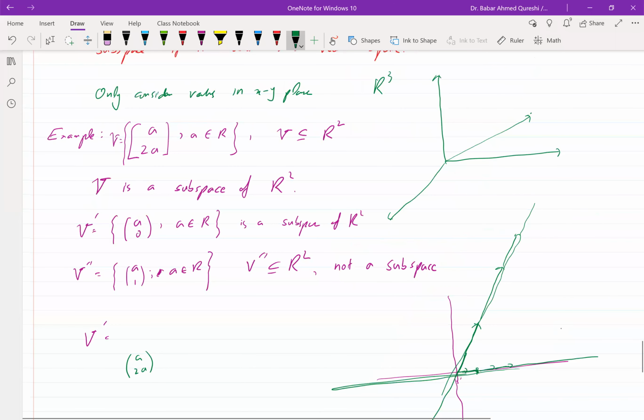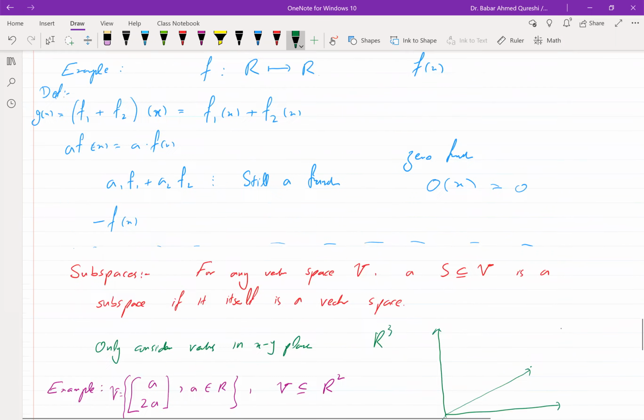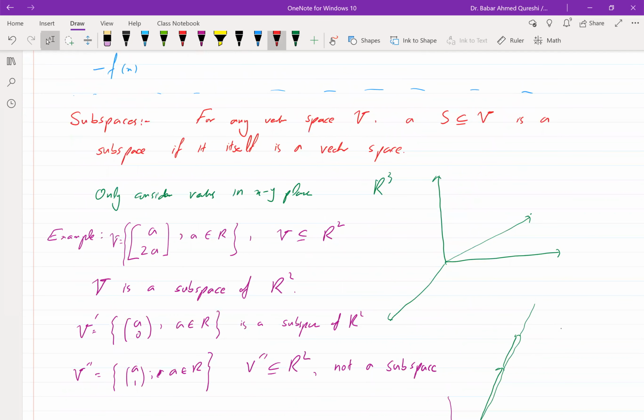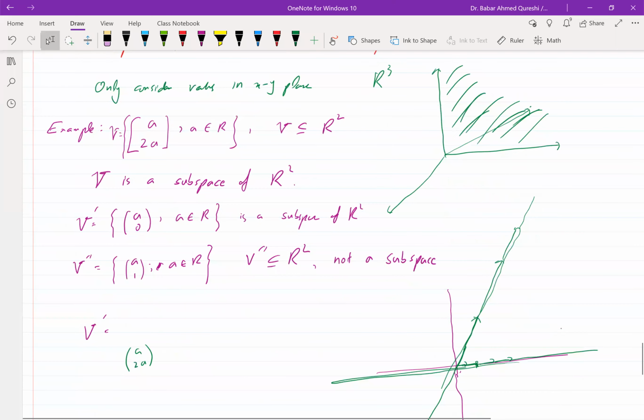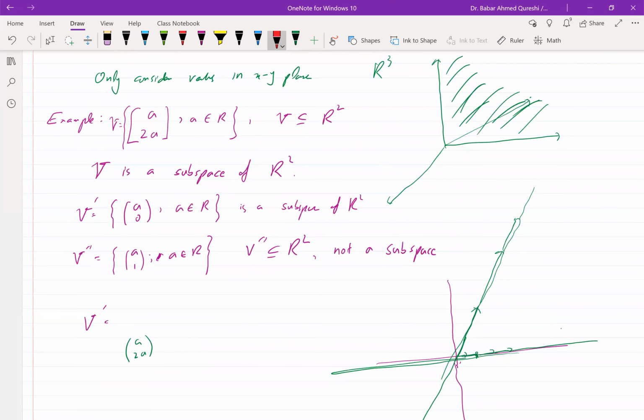So like we had this example. This is a subspace, xy. But I can consider any other plane. I consider two vectors. Let's say, for example, here.